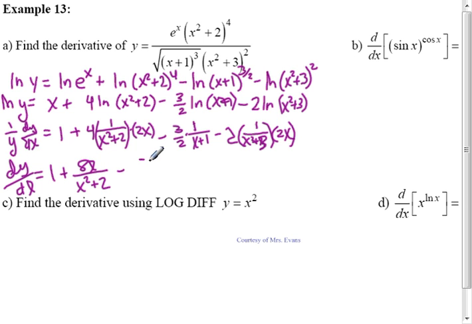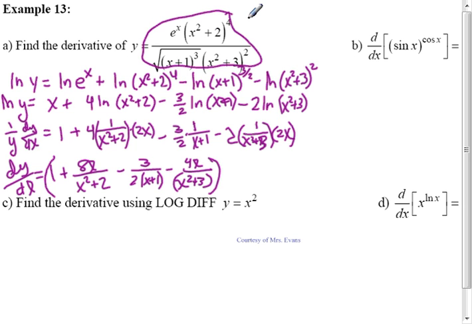minus 3 over 2 times x plus 1. Okay, minus 2 times 2 is 4x over x squared plus 3. And then to solve for dy dx, what I had to do was multiply both sides by y. Instead of multiplying by y, though, I'm going to write this part.